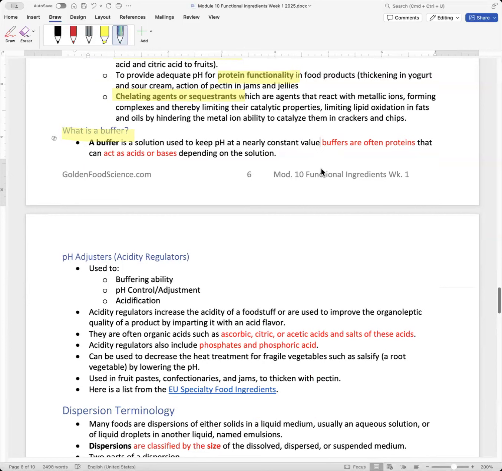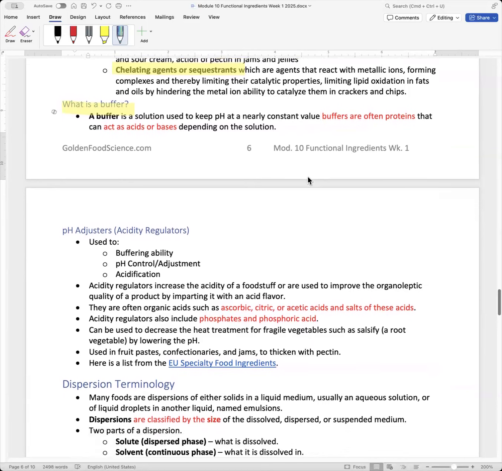A really good example of that is the albumin, which is the protein that circulates in your blood, very similar to the albumin in an egg. And the function of that protein that circulates in your blood is to keep the pH within a very, very narrow range so that all of the chemical reactions can occur. So that's what a buffer is.